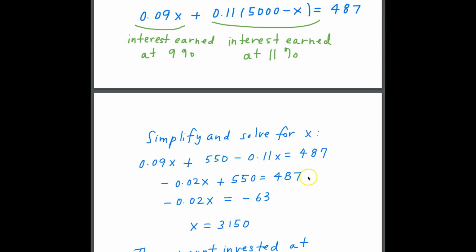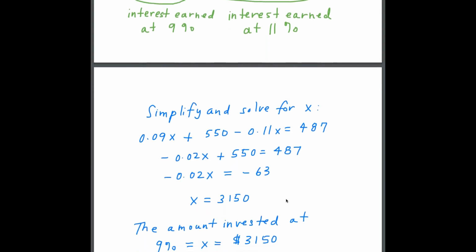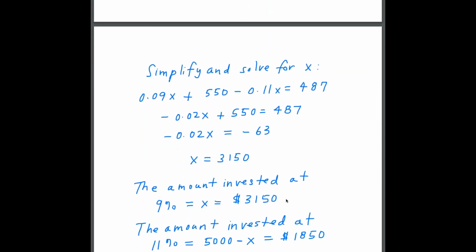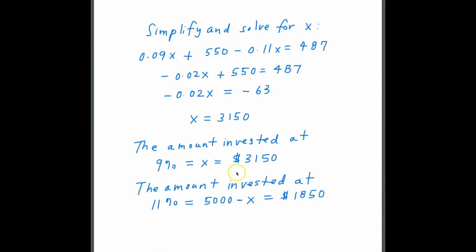I can combine like terms and then bring the constants over to one side, divide by negative 0.02, and we'll get the x value. So the amount invested at 9%, remember that was our x, is $3,150. The amount invested at 11% is 5,000 minus that x, which is $1,850.